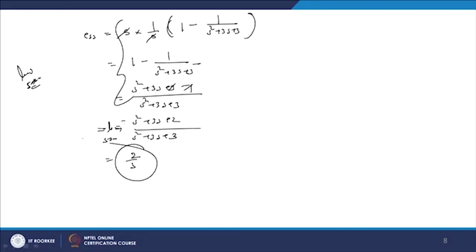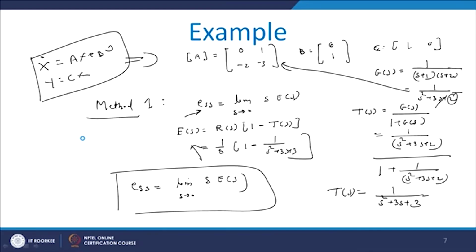Now, this is the steady state error which we have got for this example when considering the system in a closed loop, and by means of this we have the result. Now, our main purpose is to solve this example by the second approach, and we have to see whether we are getting the same result or not.